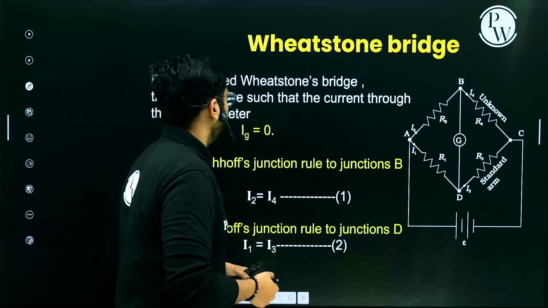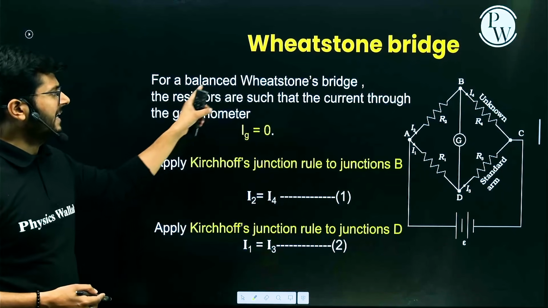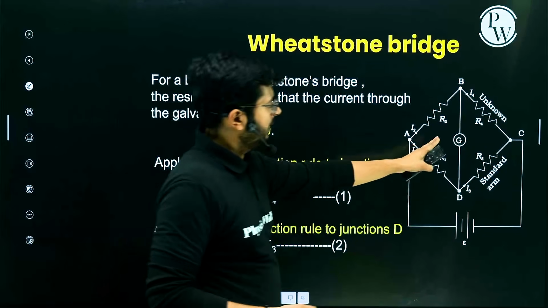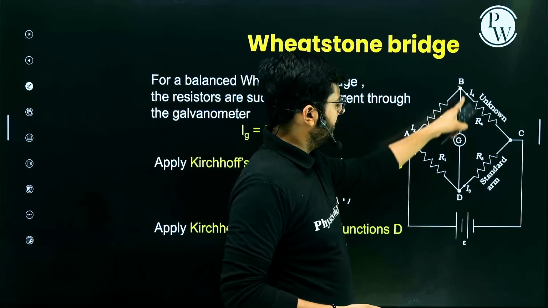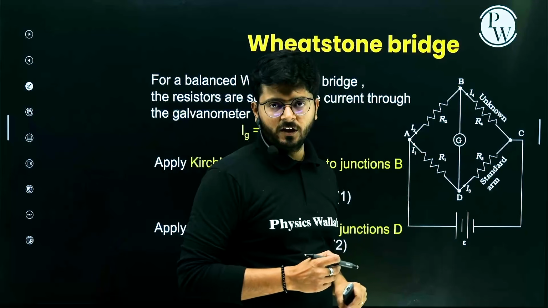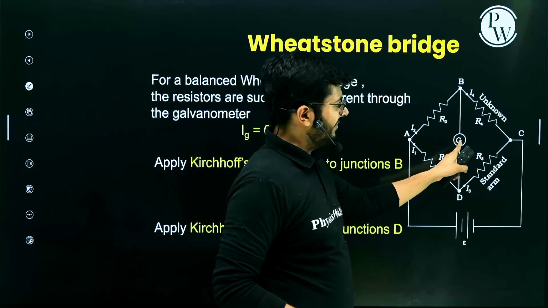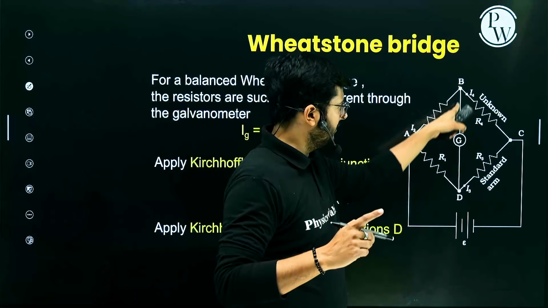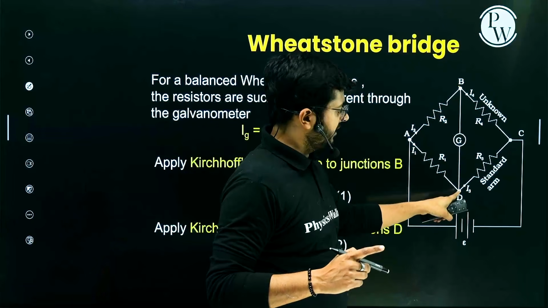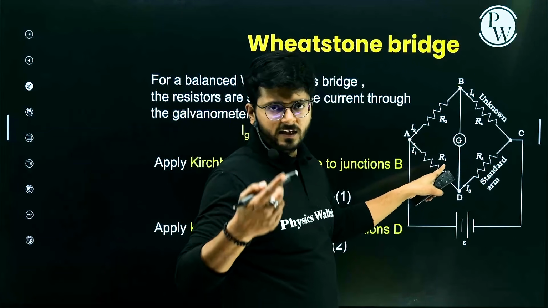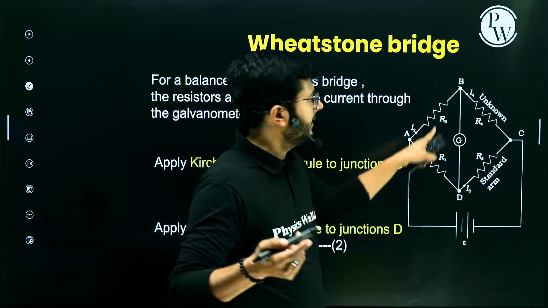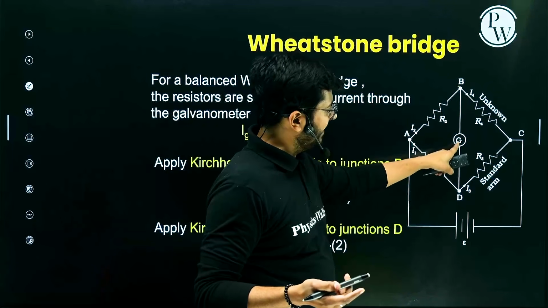For a balanced Wheatstone bridge, there is no deflection in this arm, meaning this point and this point have to be at the same potential. Otherwise, if there is a potential difference between B and D, the current will flow in this arm, electricity will flow, and the galvanometer will deflect.